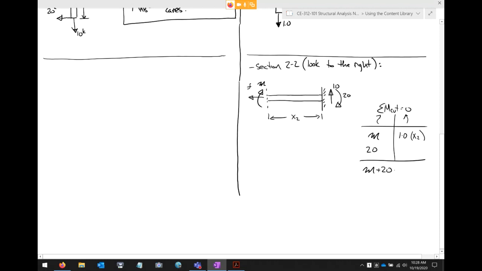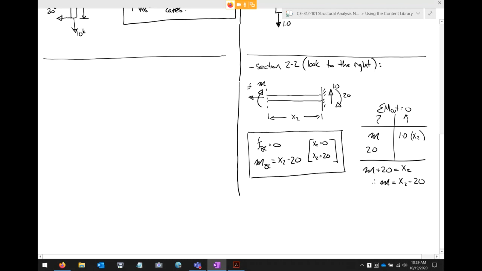So m plus 20 is x2. m is x2 minus 20. So I get a little f BC is 0, and mBC is x2 minus 20. And then again, that's from x2 is 0 to x2 is 20. Okay. Is everybody okay with that?